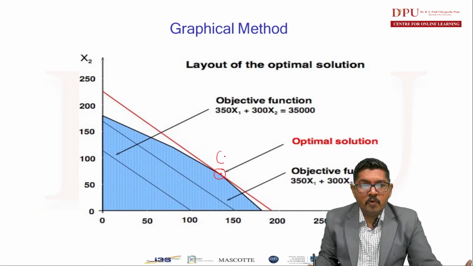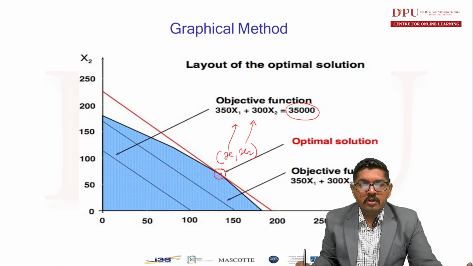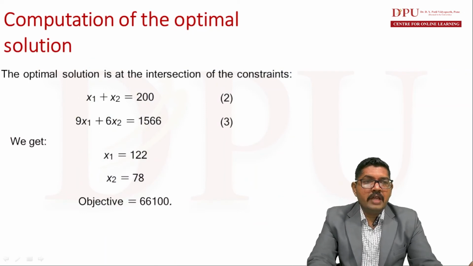So there would be some values of x1 and x2 for this particular point. By putting these values of x1 and x2 in the objective function, we get the value of the objective function, and it is 35,000, and it is 52,500 actually. So this is how we can solve the problem by graphical method.